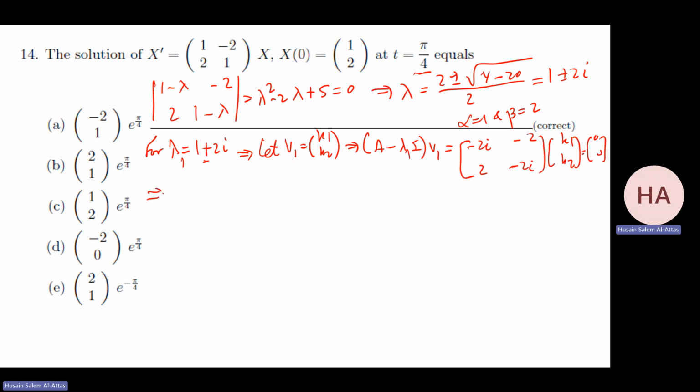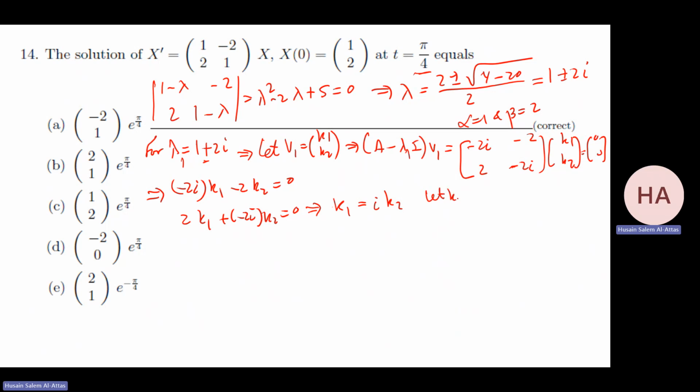So what I have is minus 2i k1 minus 2k2 equals 0, and 2k1... Yeah, it should be the same equation. Multiply the first equation by i, I'm getting the second equation. So from here, I'm getting k1 equal i k2.